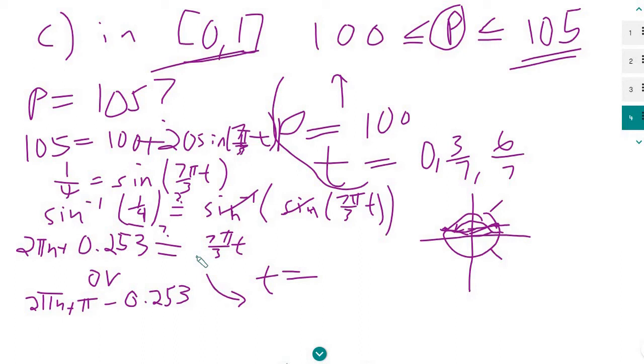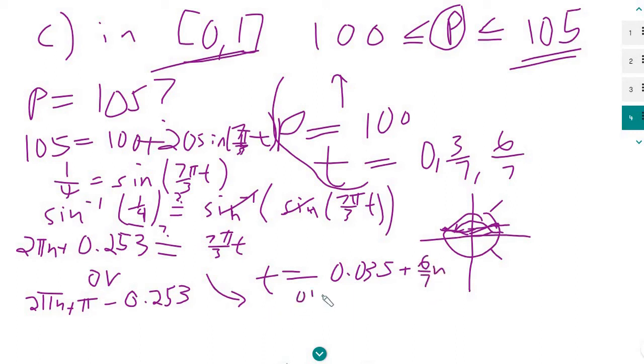So 2.53 divided by 7 pi over 3, divided by 7, and then multiplied by 3. Okay. So that is the 0.35. Okay. And dividing the 2 pi by 7 pi over 3, I think that was 6 over 7n, right? Okay.